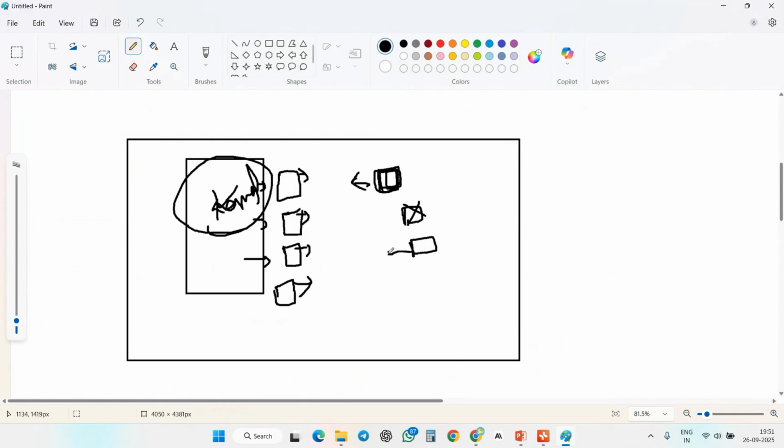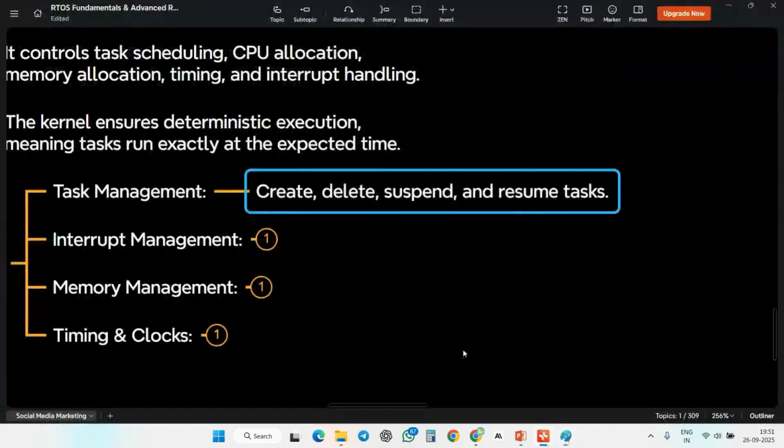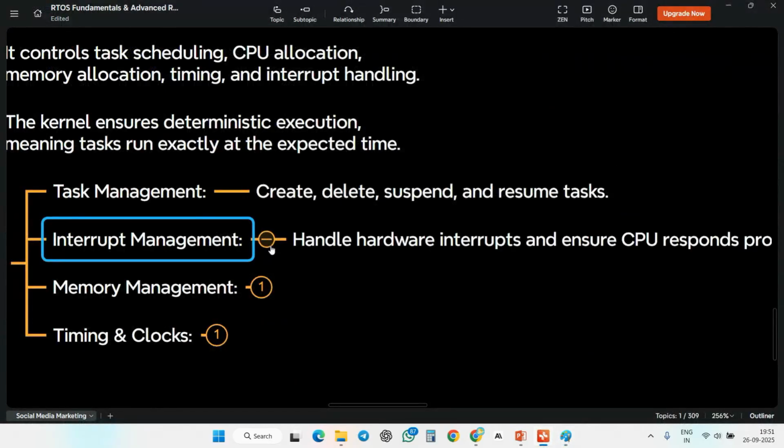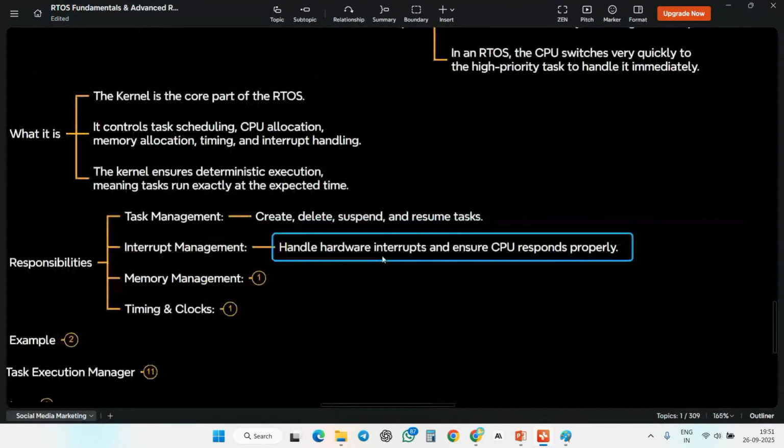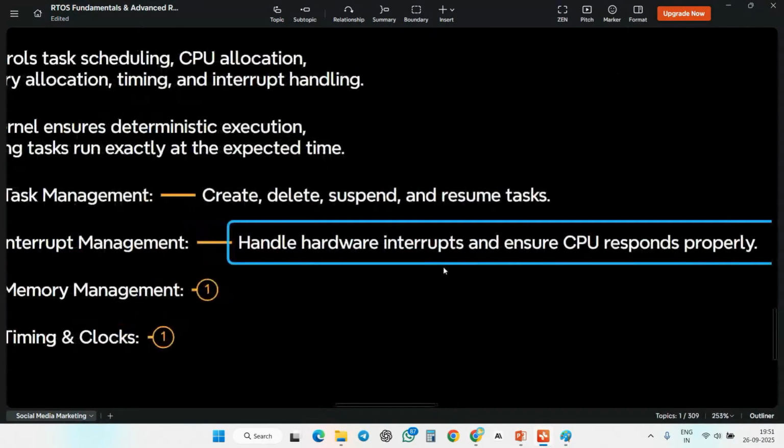If you want to pause it for some time, you can pause it, and if you want to resume it again, it helps to resume it. Okay. And interrupt latency: what it means is handling the hardware and ensuring the CPU responds properly.